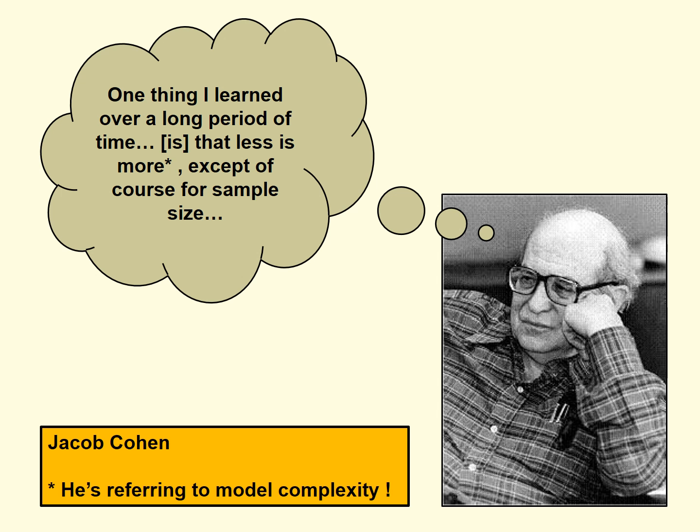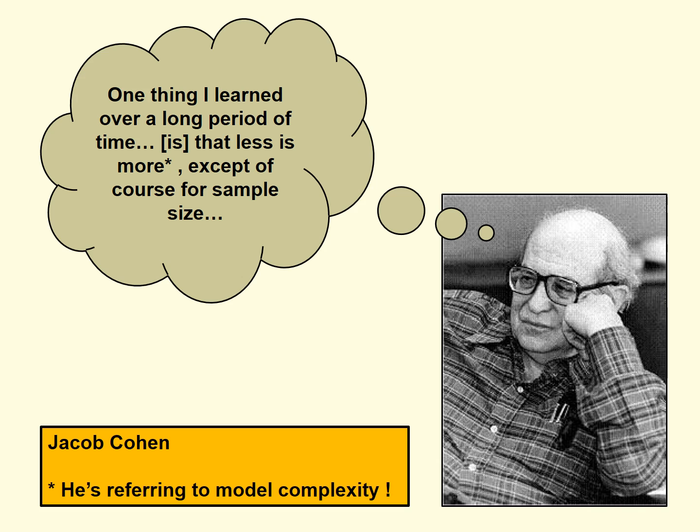Thinking about this reminds me of a famous quote from one of Jacob Cohen's many papers. Jacob Cohen was a famous psychologist and statistician who did a lot to help us learn how to use multiple regression and correlation analysis as a framework for doing a lot of our statistics.